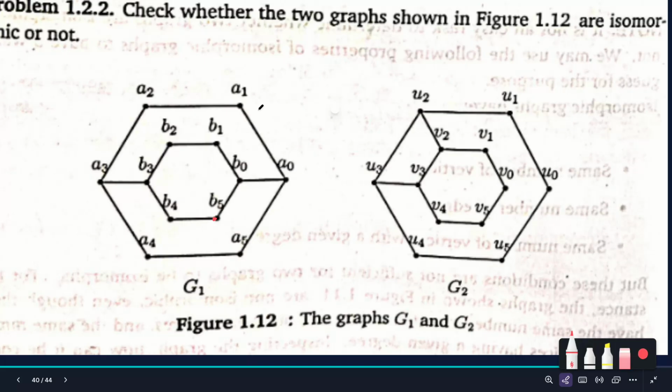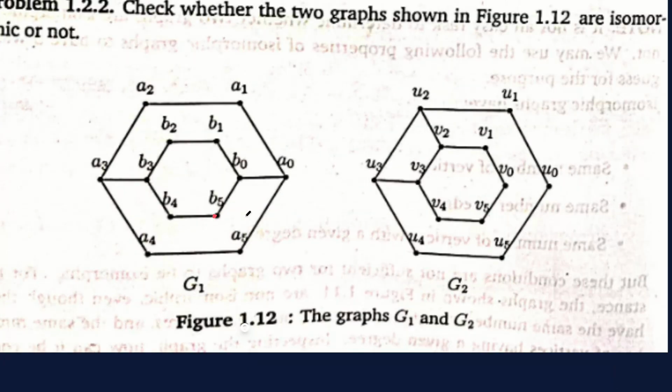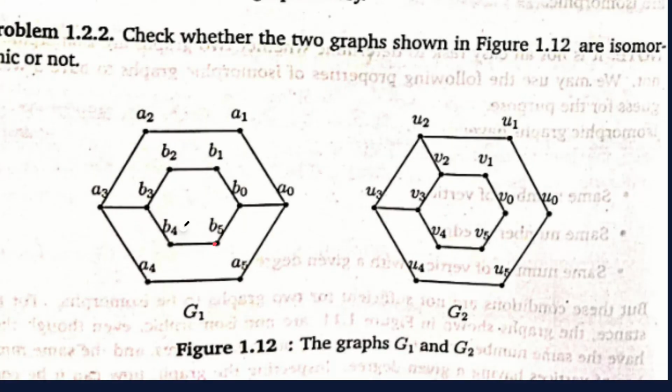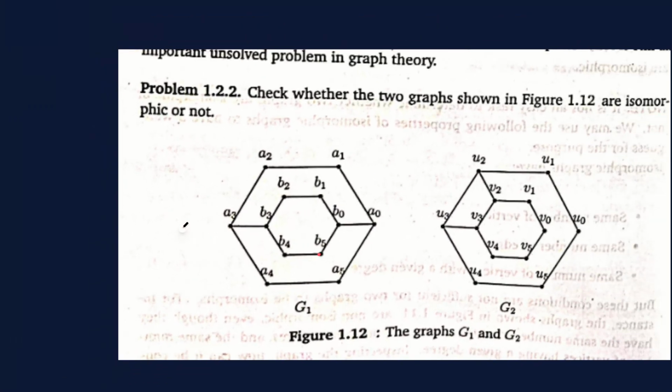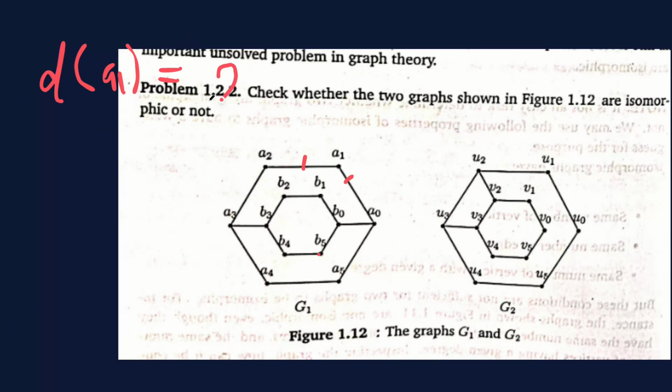Now what we have to do is check the degrees of the vertices of all these. So here, the degree of A1 is 2. The degree of A0 is 3, that is the degree.